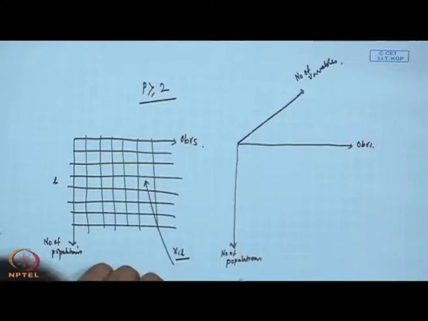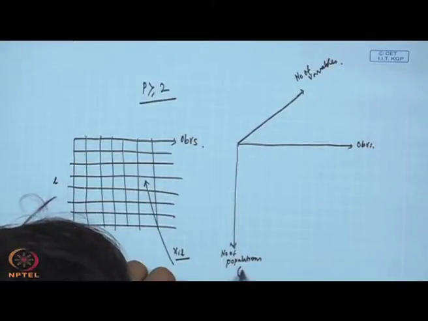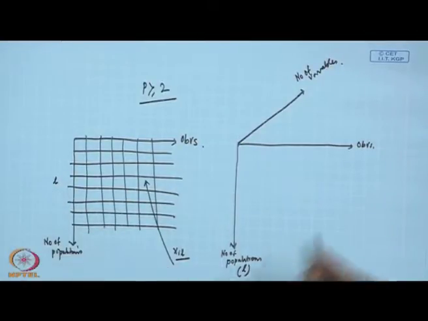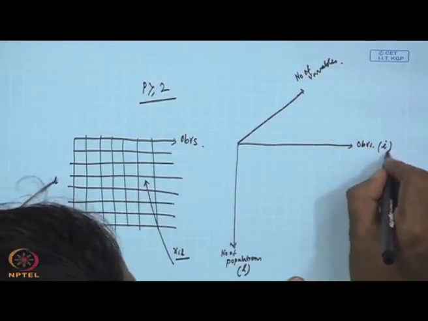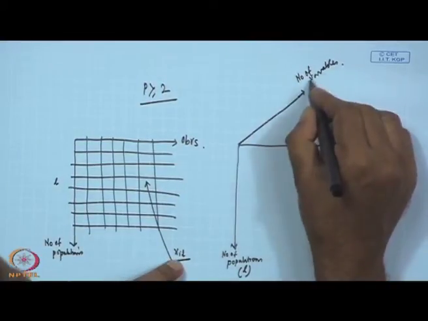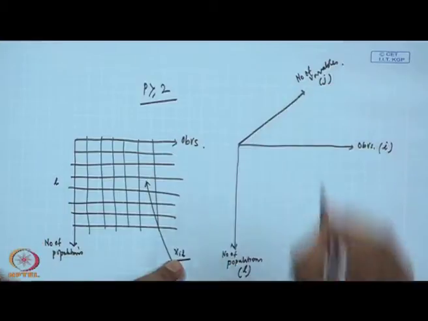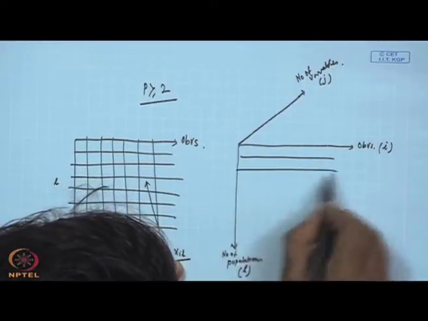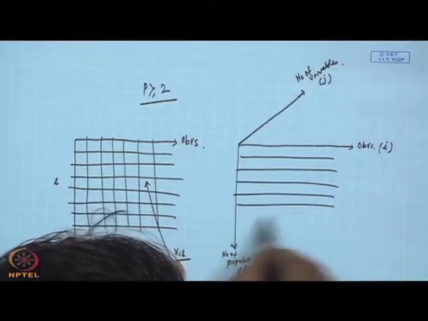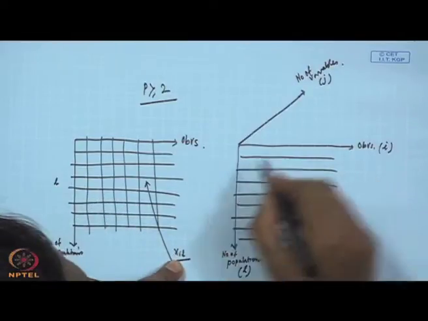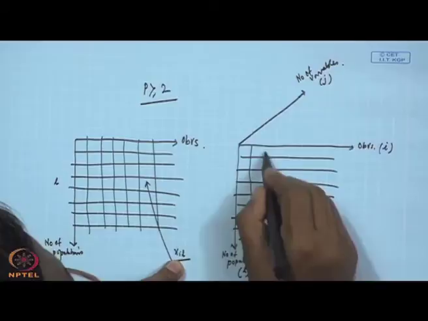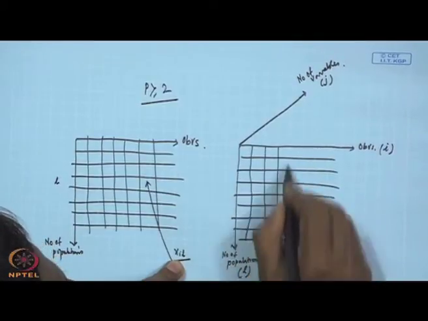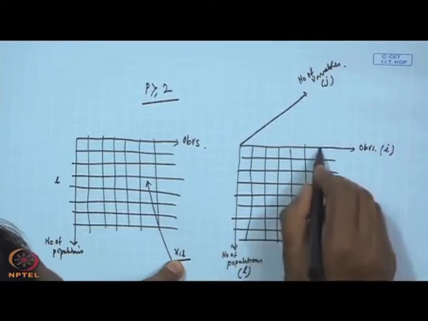So, if we denote number of populations by L, number of observations by I, and number of variables by J, then your general structure will be like this. This is the data structure basically.